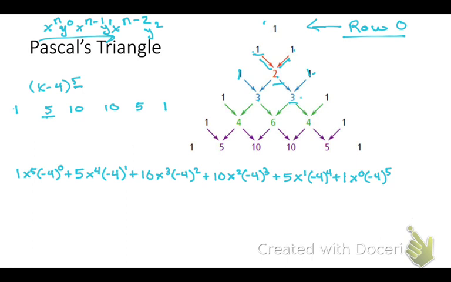What do you notice about both of the degrees combined in every single term? What do they add up to be? 5. Why do they add up to be 5? Because that's what we're doing. Make sense? Okay, so now that we have this, we just need to do the math.